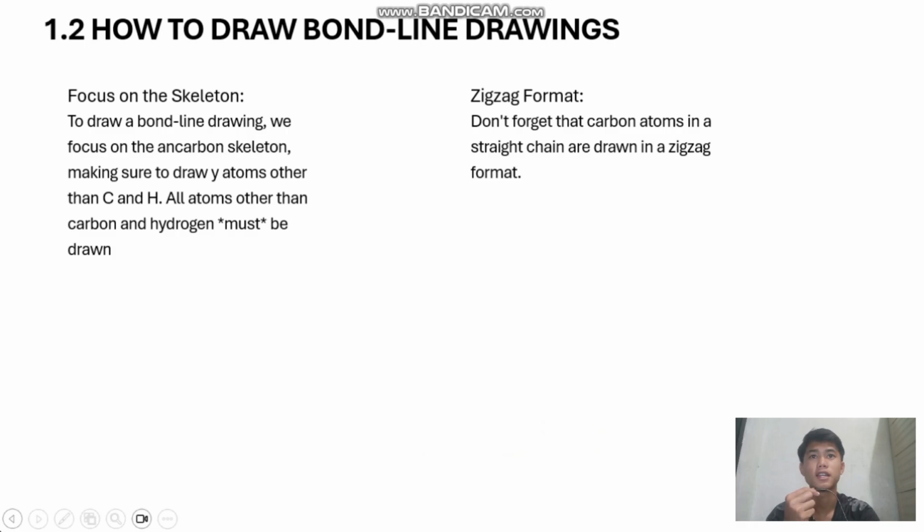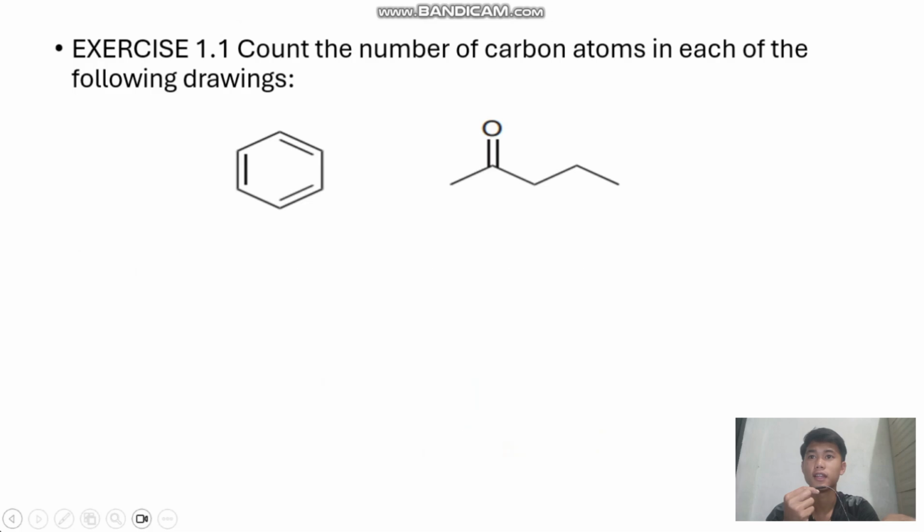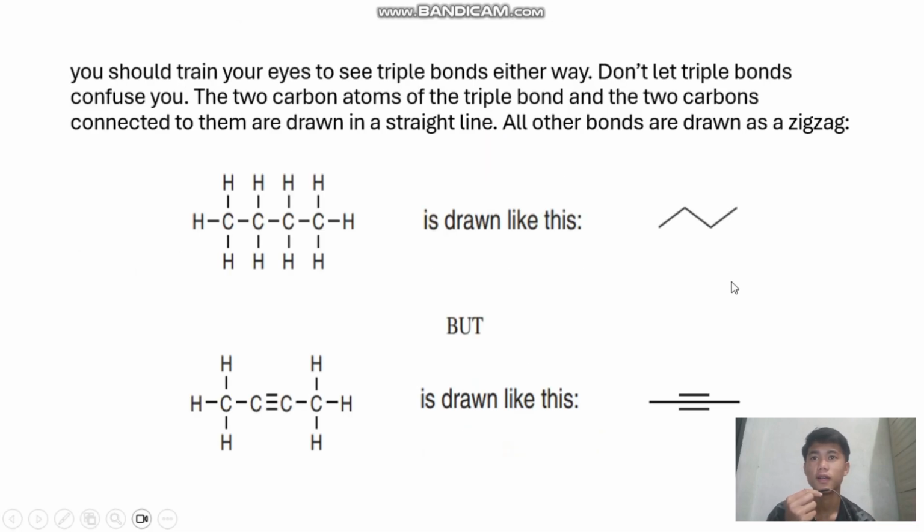Second, we have this zigzag format. Don't forget that carbon atoms in a straight chain are drawn in a zigzag format. So let's go back here. These carbon atoms are in a straight chain, but they are drawn in a zigzag format.